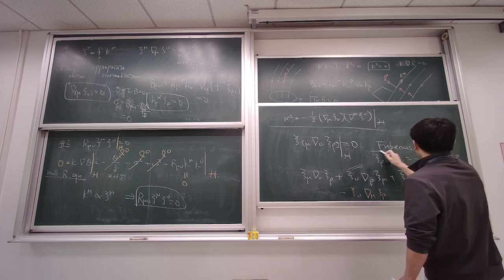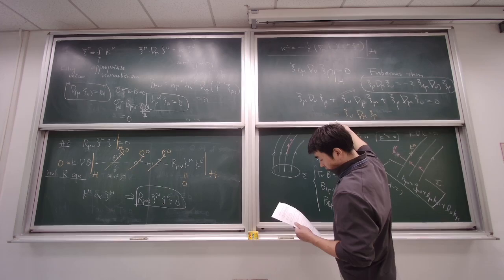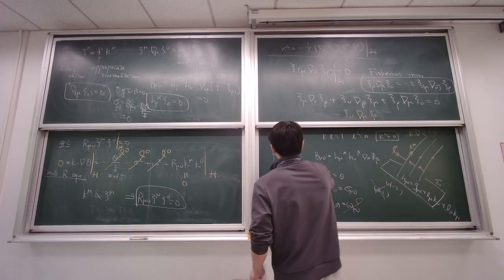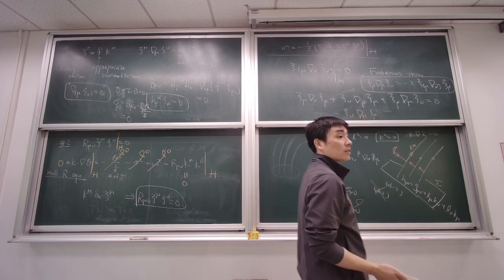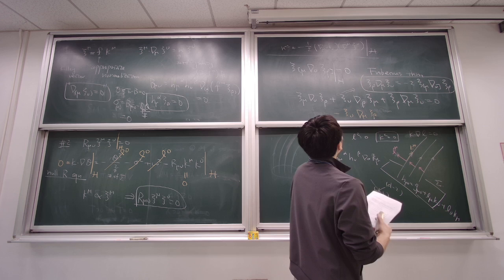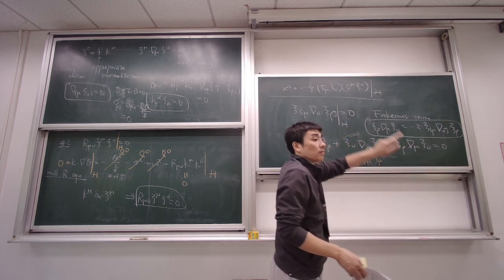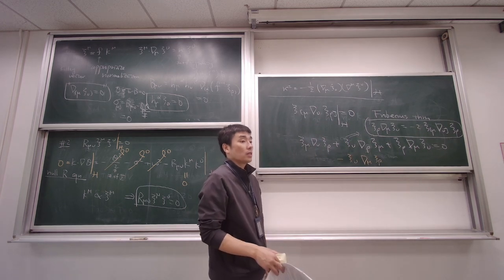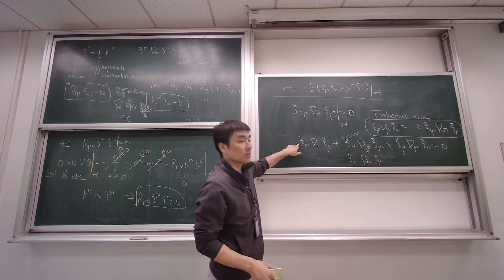That's the equation we obtain. From the Frobenius theorem you get this equation, and for Killing vectors you get this last equation. This is equivalent to this one.